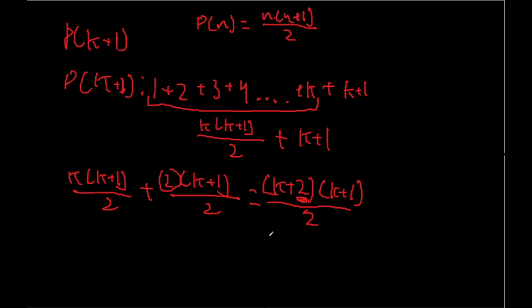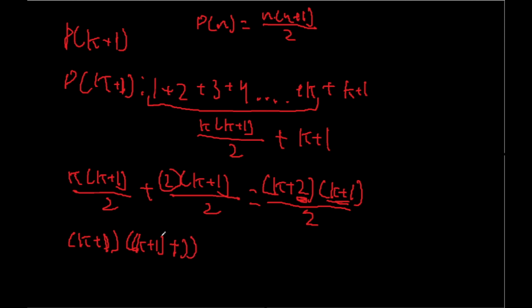And the reason that we're doing that is because if we go back to the original equation where we had n plus 1, we want to get inside the parentheses that plus 1. And then outside, we're going to leave this k plus 1. So hopefully it'll be easier to see once I write it out. k plus 1 times k plus 1 plus 1.